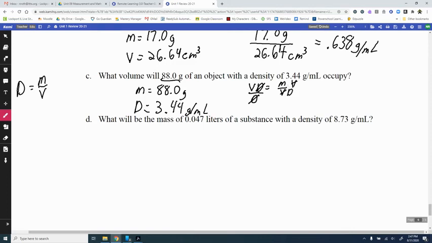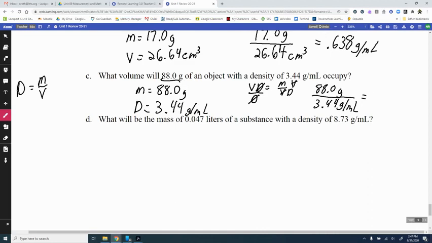So now we just take M, 88.0 grams, divided by D, 3.44 grams per milliliter. And we get a number that I haven't calculated yet, so give me a second. 88 divided by 3.44.